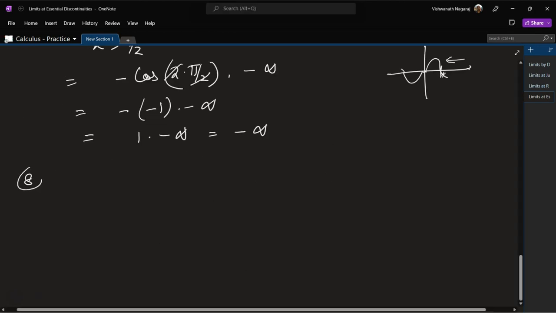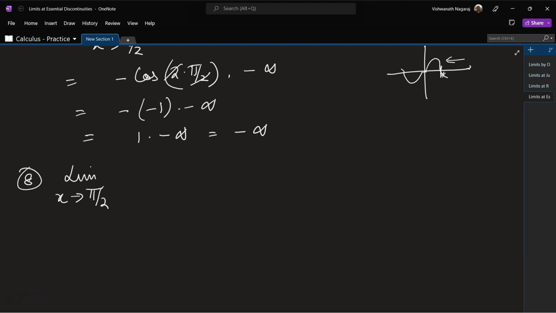Let's look at the eighth one. Limit as x approaches pi by 2 of 2 cosec of 2x. Right? If we substitute pi by 2 directly, what happens? 2 times pi by 2 is pi, and cosec is 1 by sine. So sine of pi is 0.